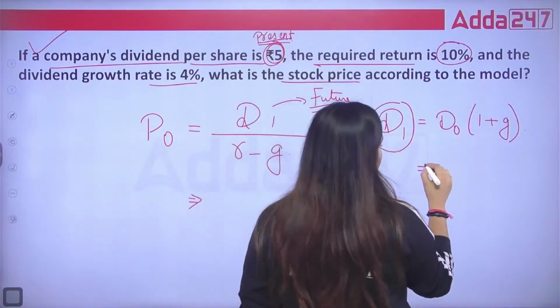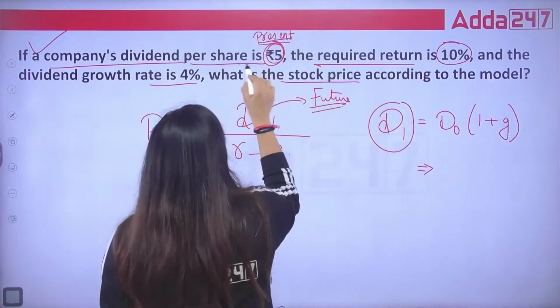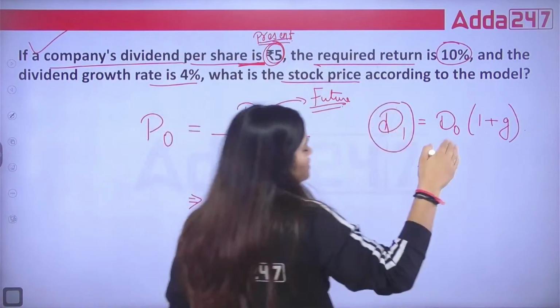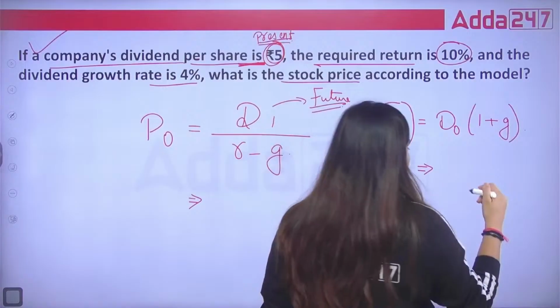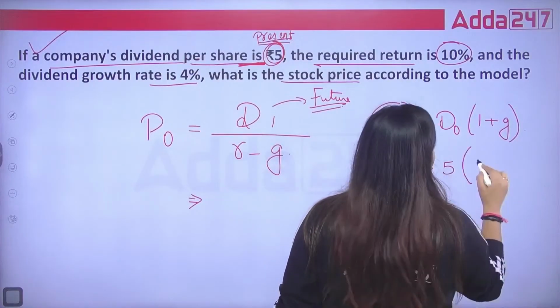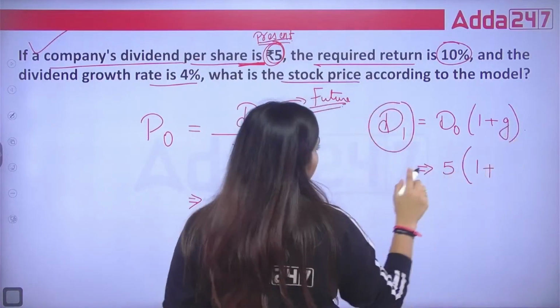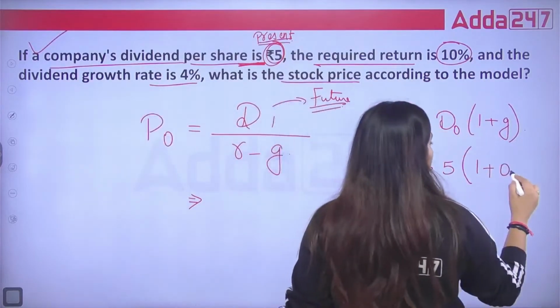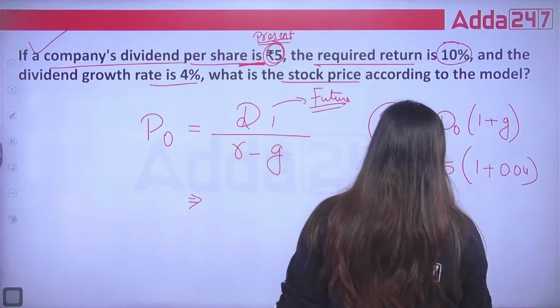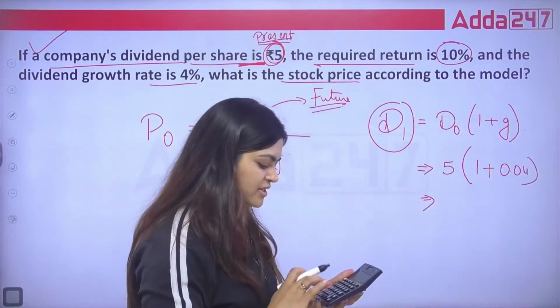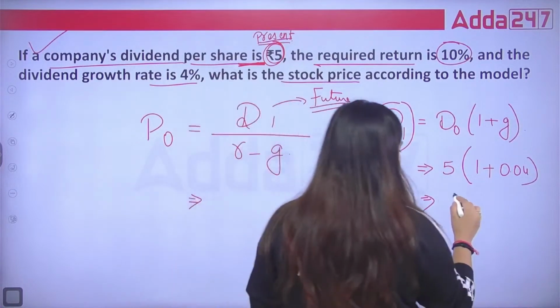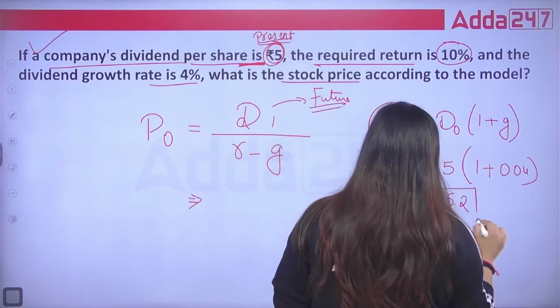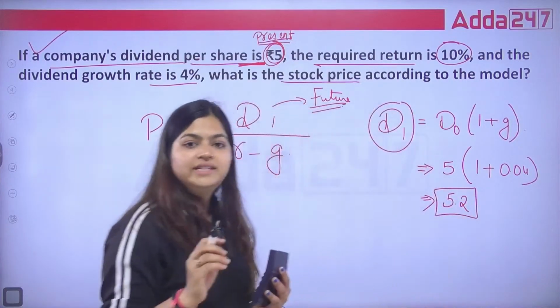So if they are giving you present dividend, as the statement is saying ₹5, it means they are talking about the present year only. So 5 into 1 plus G, where growth rate is 4%, so 0.04. 1.04 into 5, this is 5.2. This is the D1.